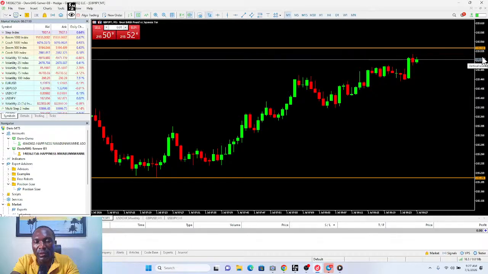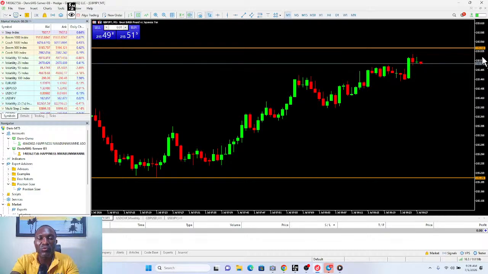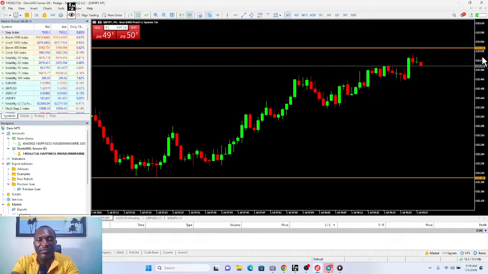Enter the trade here, put my stop loss here, put my TP here. If I increase it to, let's say, 2, that means we can recover if we are receiving 45 cents. So this is where we would have entered the trade.